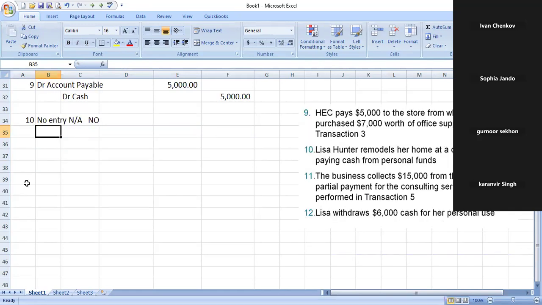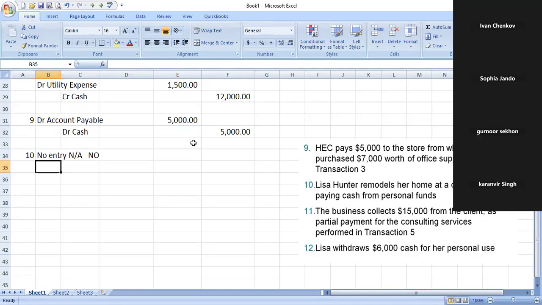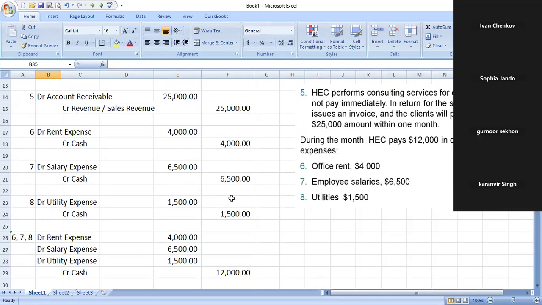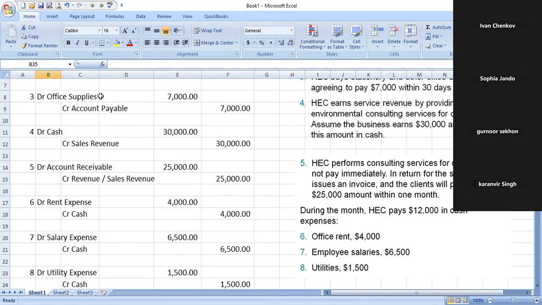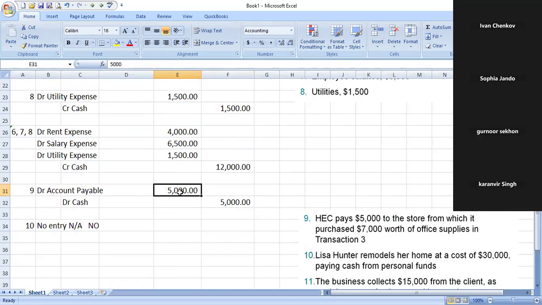So where is the 2,000 difference? There's a question here. We purchased something for 7,000. We didn't pay 7,000. Now we're paying 5,000. Where is the difference?